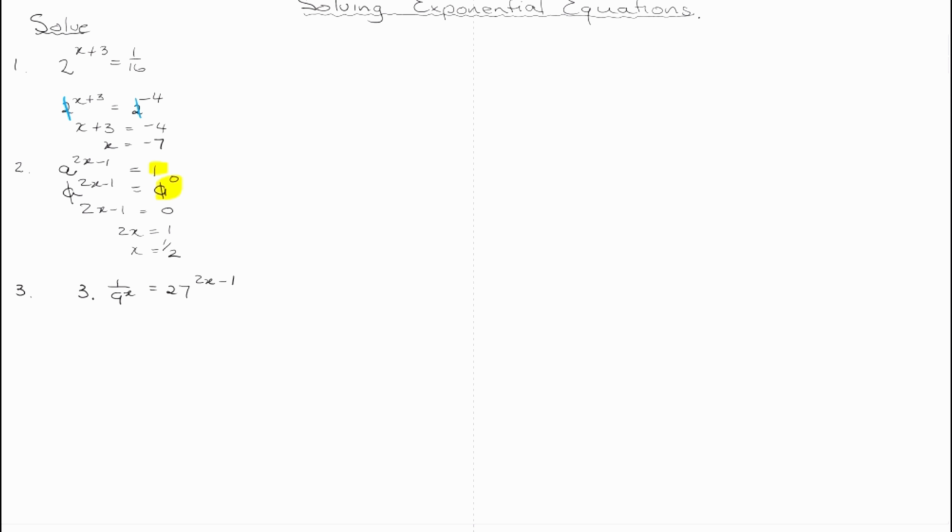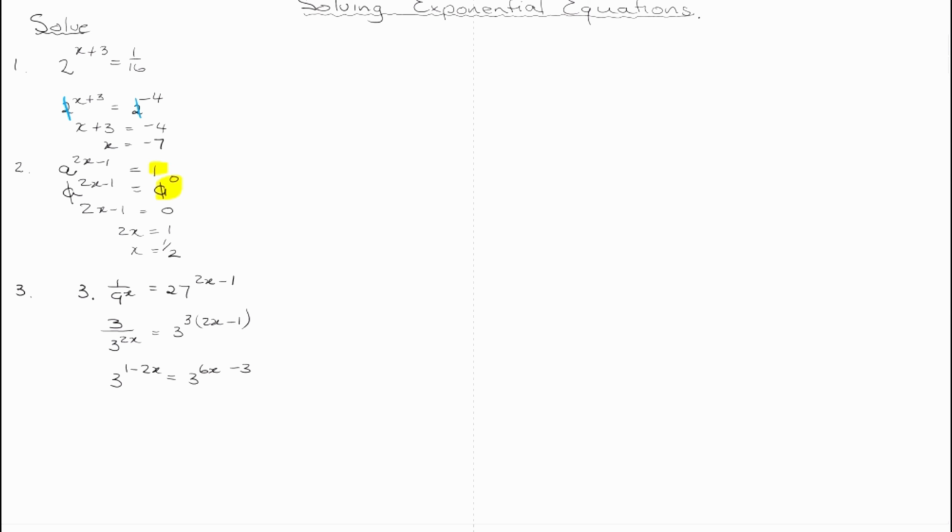So what I would do with this would be 3 on 9 is 3 squared, to the x, equals 27 is 3 cubed, to the 2x minus 1. I would then gather here, so I would get 3 to the 1 minus 2x equals 3 to the 6x minus 3.